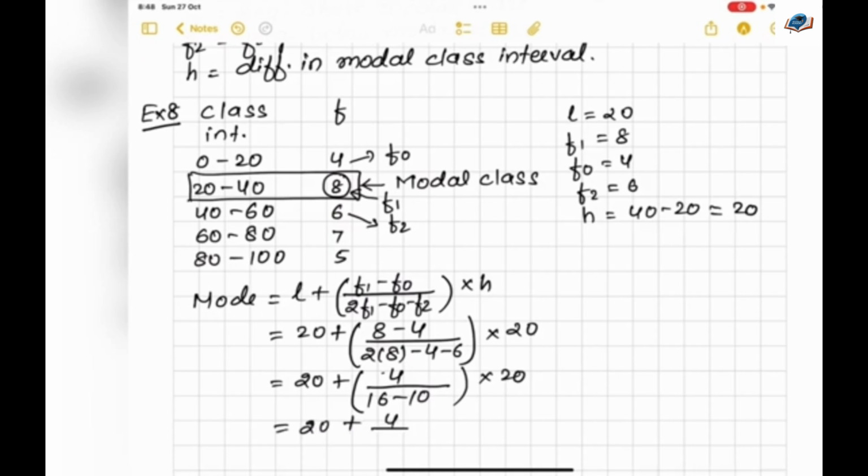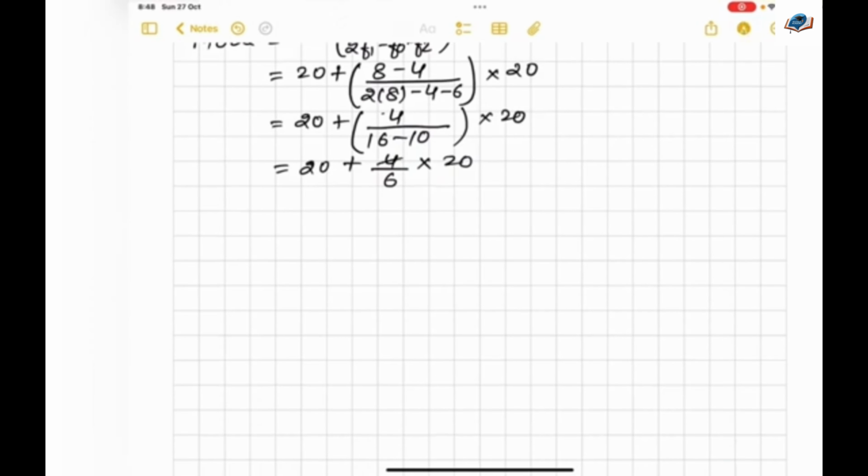So if I cut 4, 2 twos are and 2 threes are. So this becomes 20 plus 40 by 3. So if I divide 40 by 3, I will get 13.33. So my mode will be 33.33. Oh, sorry, 33.33.